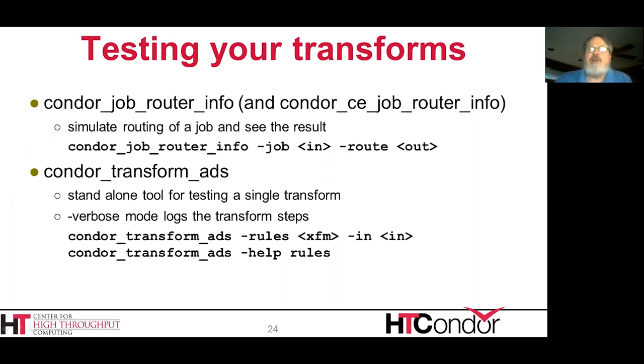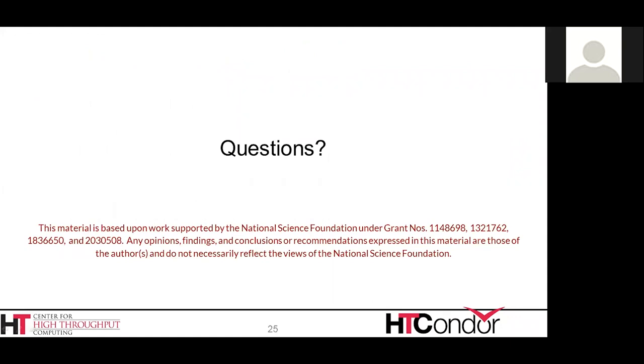You can also use the specialized standalone tool condor_transform_ads. You can't use it with the job router config, but if you pull those individual transforms out into separate files, you can pass those files to condor_transform_ads with the -rules argument, and the -verbose argument will then print out the steps of the transform as they are applied, so you can see what's really going on. All right, that's my talk.